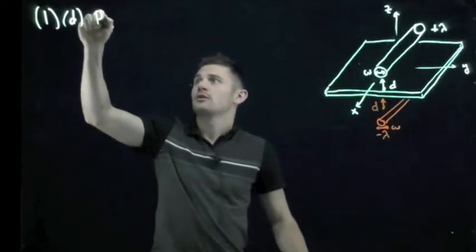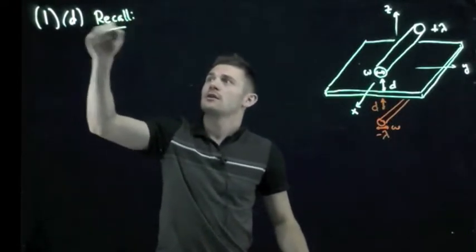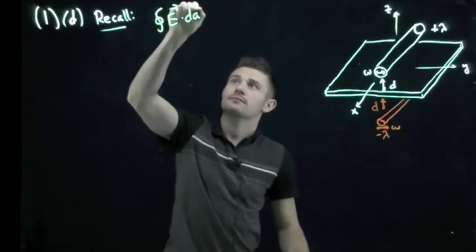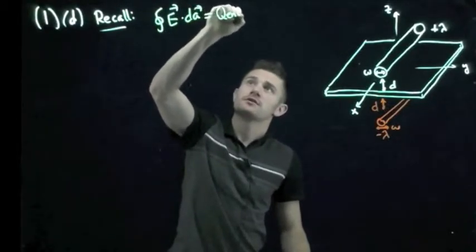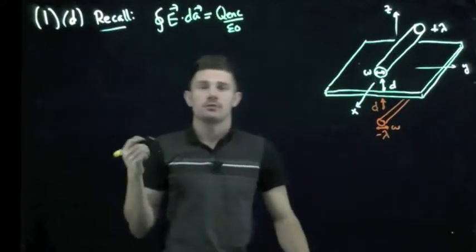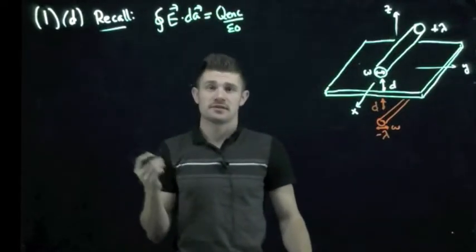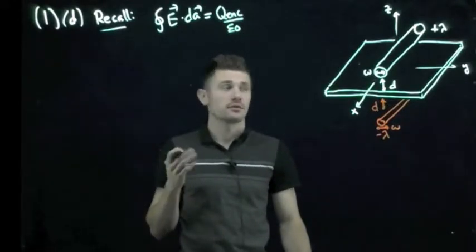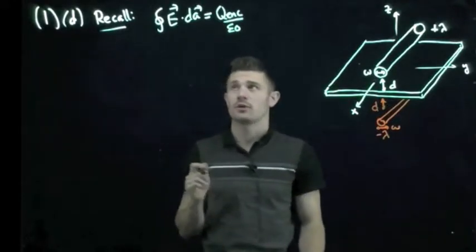So we'll recall that Gauss's law says that the closed integral of E dotted with dA is equal to Q enclosed over epsilon naught. Now, I'm going to skip a few steps because this is not a Gauss's law problem, but you can essentially watch the other videos on those kind of problems to see where I'm going with this.